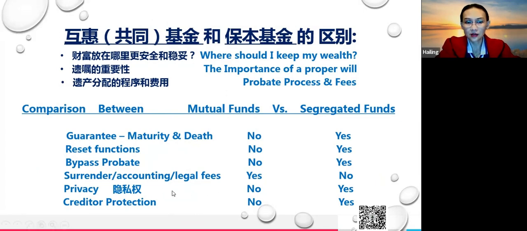Then no surrender, accounting, or legal fees, because when the person opens a segregated fund account to invest, the money will go to the beneficiary directly. Why? Because at the point of opening an account, they already appointed the beneficiary who shall receive the money if the person passes away. Of course, they can keep good privacy and also have creditor protection.